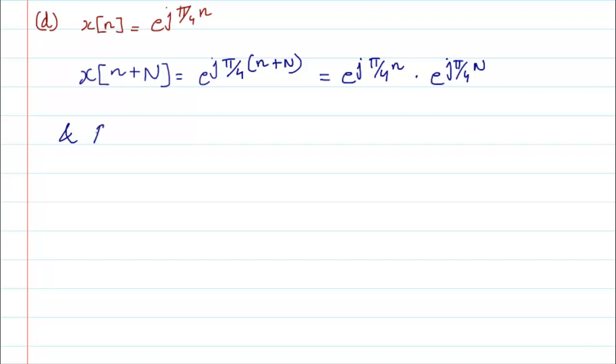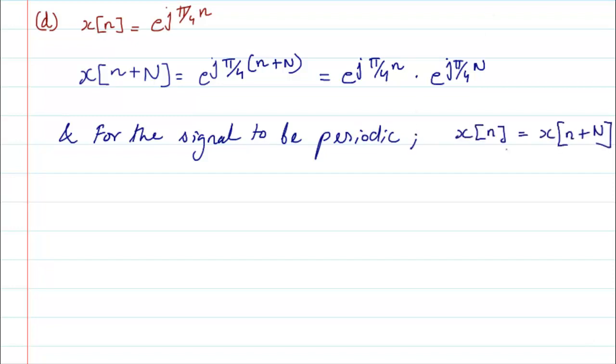And for the signal to be periodic, the condition is x of n should be equal to x of n plus capital N, from where we can equate both the equations, where both the equations will be equal if this becomes equal to 1.